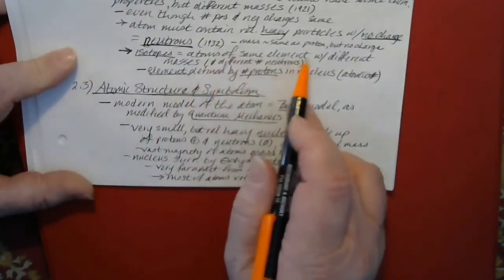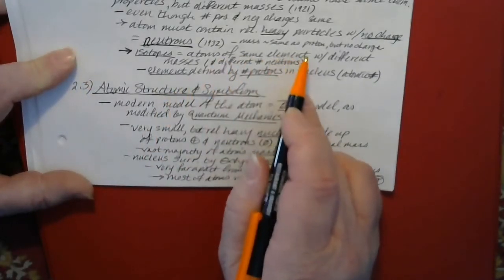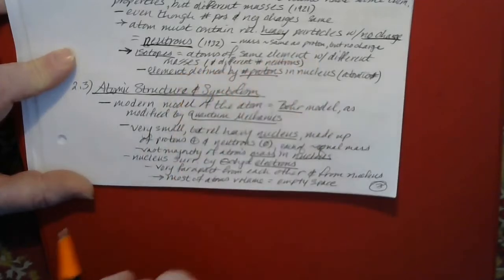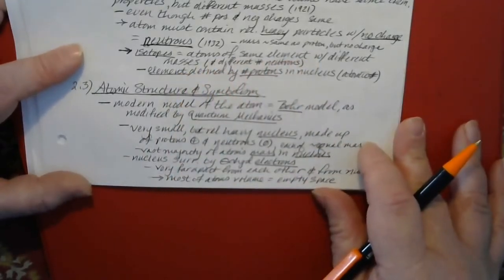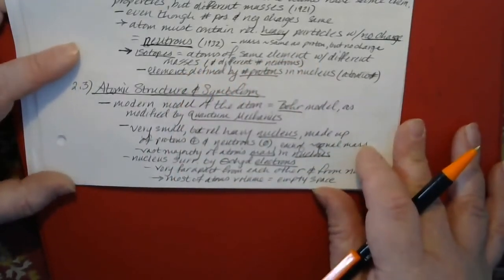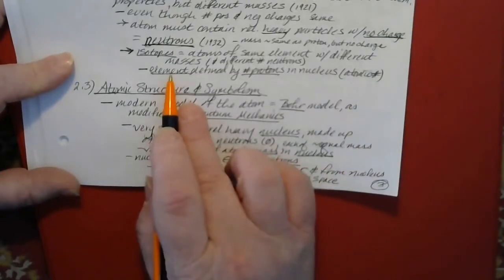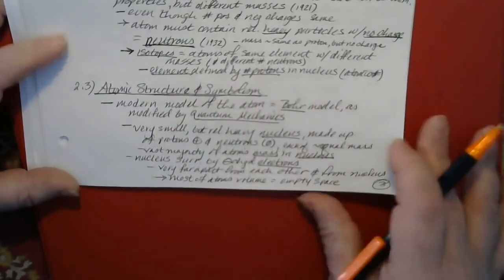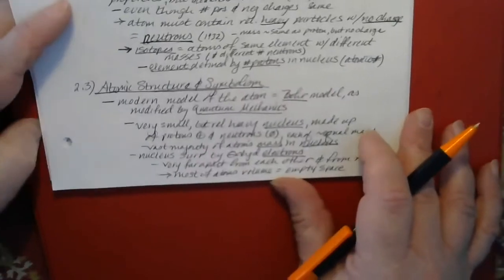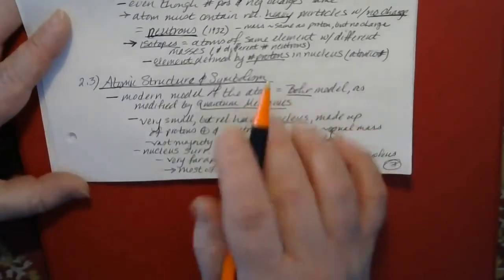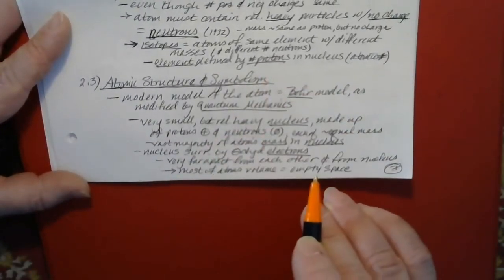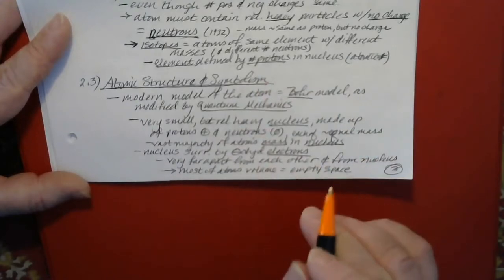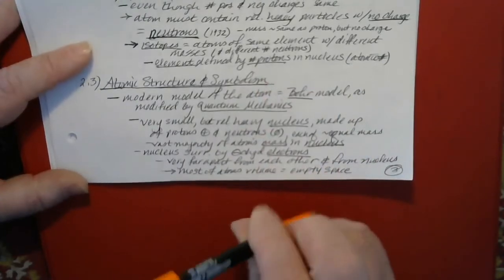So atoms of the same element have the same number of protons, but different masses because they have different numbers of neutrons. Because the identity of an element is defined by the number of protons, which is the atomic number. So if they're the same element, they must have the same number of protons. But if they have different masses, then it must be this other particle known as the neutron.